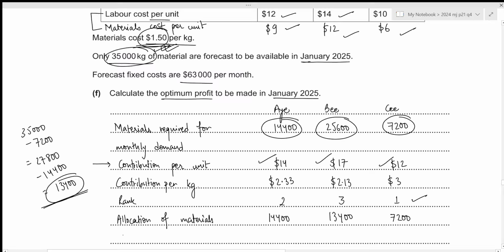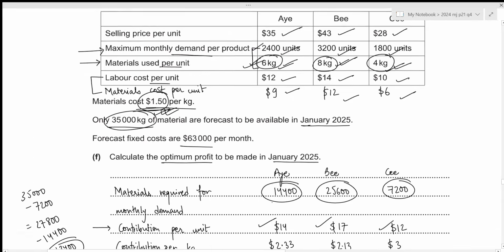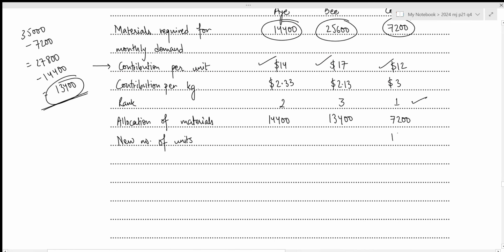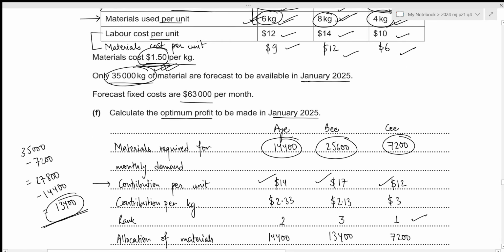Now let us calculate the new number of units. For product C and A, we allocated the required number of materials, so the number of units will not change. So that will still be 1800 units and 2400 units. But for product B, we need to calculate the new number of units.